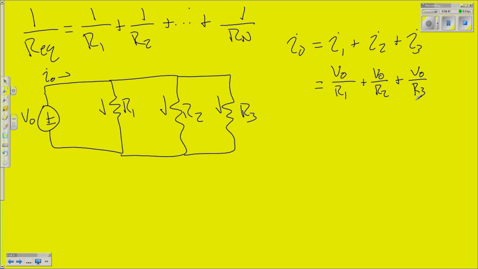And we can check this too using Kirchhoff's voltage law, because we know that the voltage across each of those closed paths has to be equal to V0, since there aren't any other elements in this circuit.